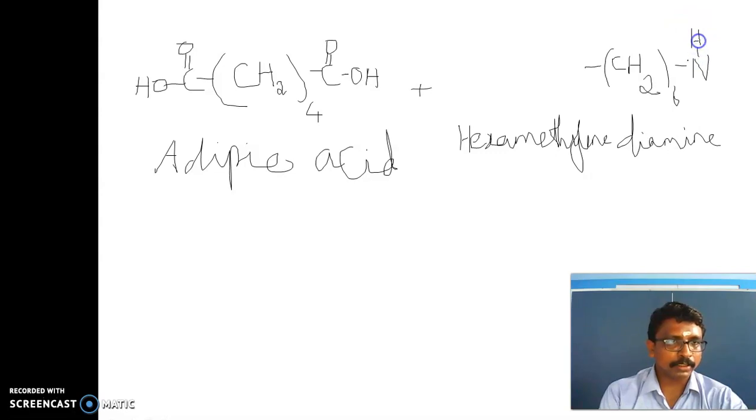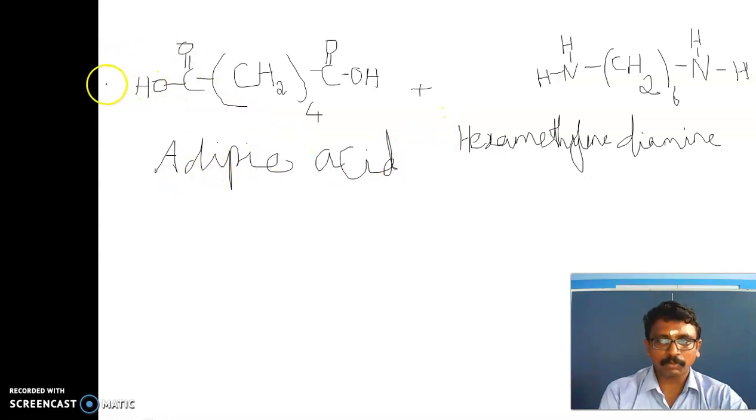So that NH2 I can write here: N, in the top one hydrogen and in the corner also one hydrogen. Here also the same, nitrogen, in the top one hydrogen and here also one hydrogen. So this is the hexamethylene diamine formula.